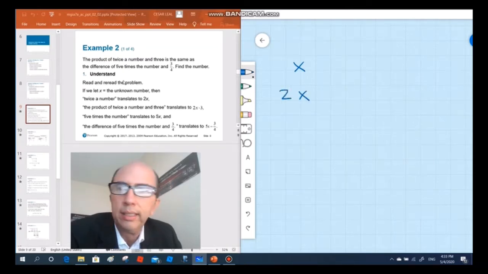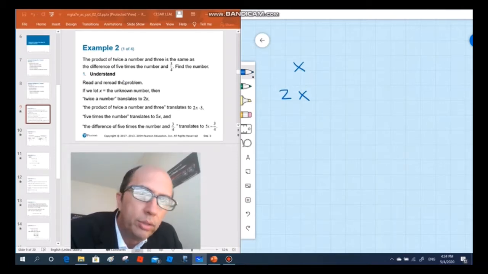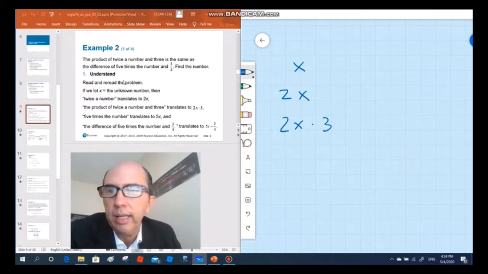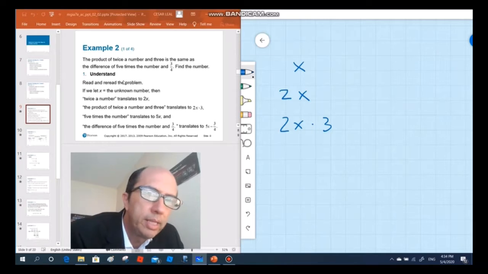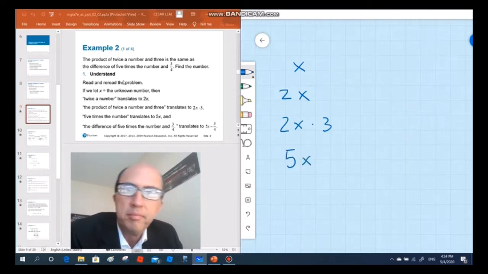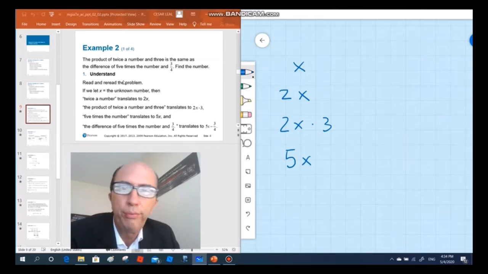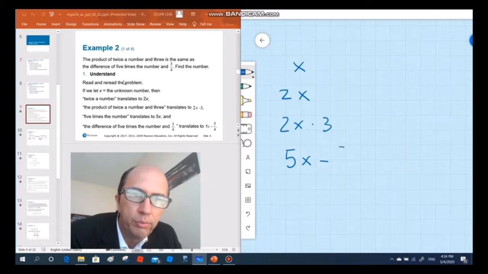It's 2x. And the product of twice a number and 3, so it's 2x, and the product is times 3. And 5 times the number is 5x. The difference of 5 times the number and 3/4 is this.